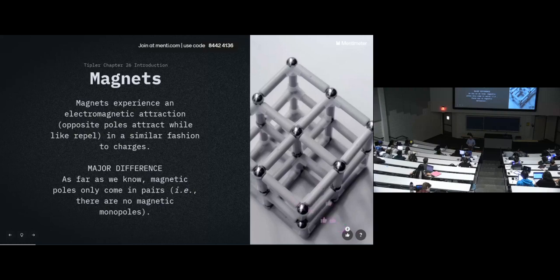Because when you look at relativity, magnetic fields are just Lorentz-transformed electric fields, or at least that's one way to think about it.